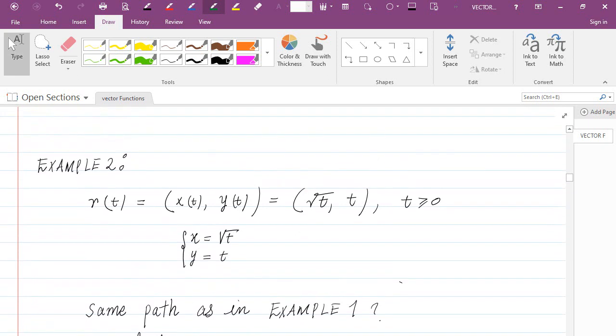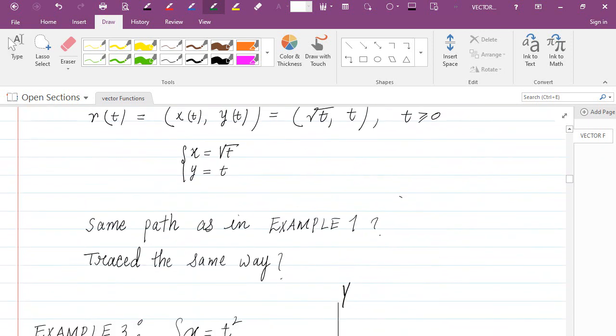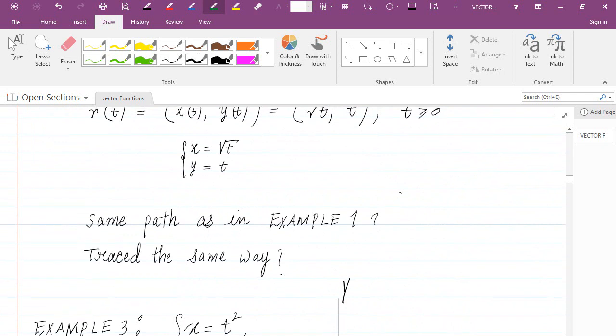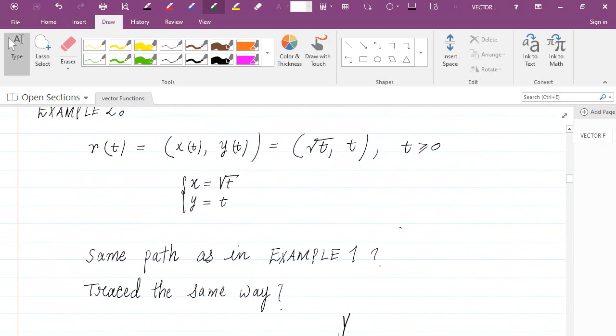So we know that r of t is still tracing the parabola y is equal to x squared. But is it still the right half, and is it still traced the same way?